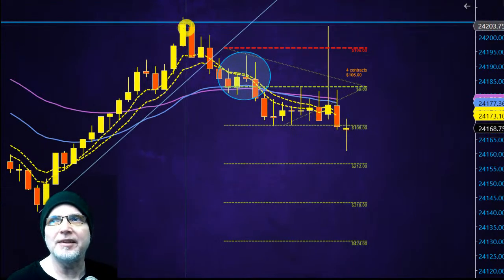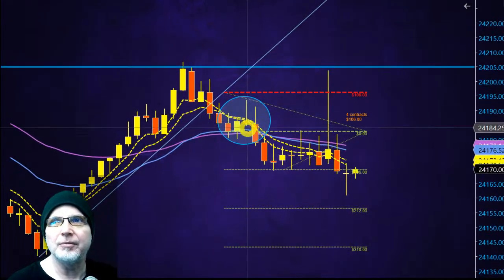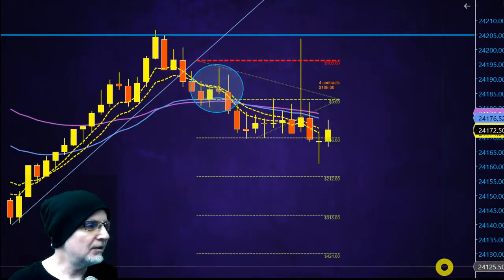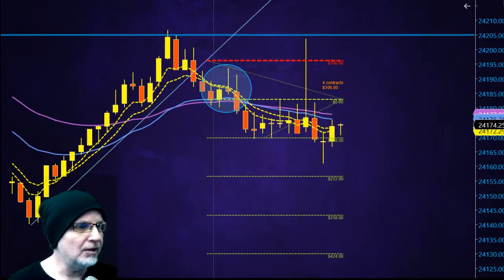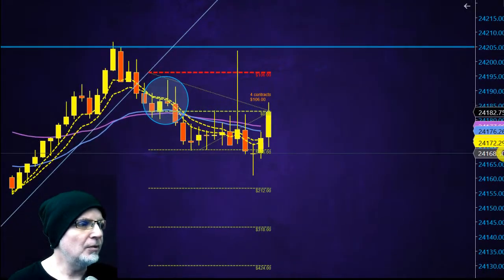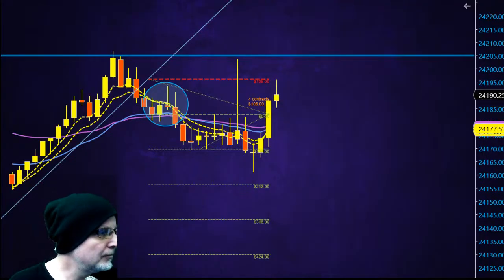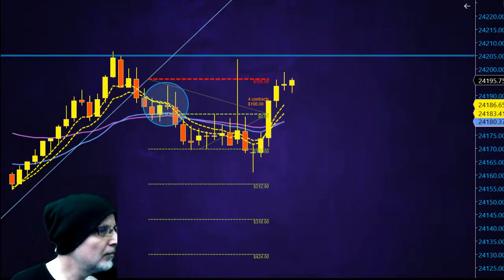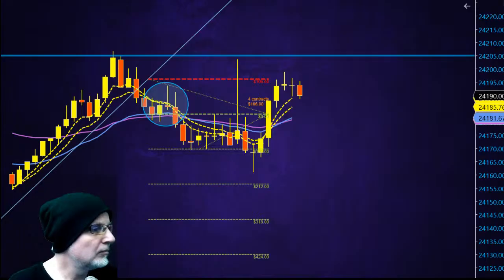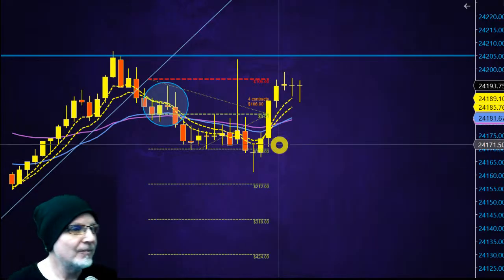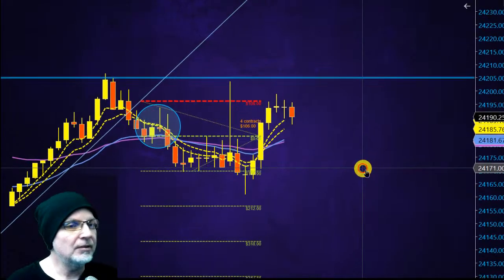Original stop loss at the top of this would have been okay on that first breakdown, but that's not what we want to see. That's an ugly looking move, I don't know what's going on, maybe some news. Oh, it's trending back up.